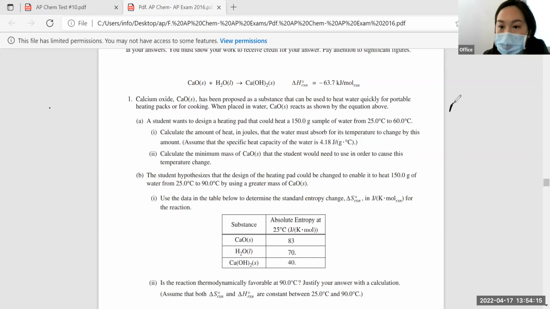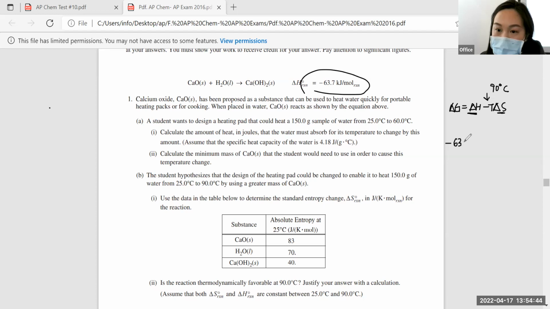So we know delta G equals delta H minus T delta S. We know delta H, we know delta S, we just found it, and then they gave us a temperature, which is 90 degrees Celsius. So just plug it in. So delta H is this guy, negative 63.7 kilojoules.